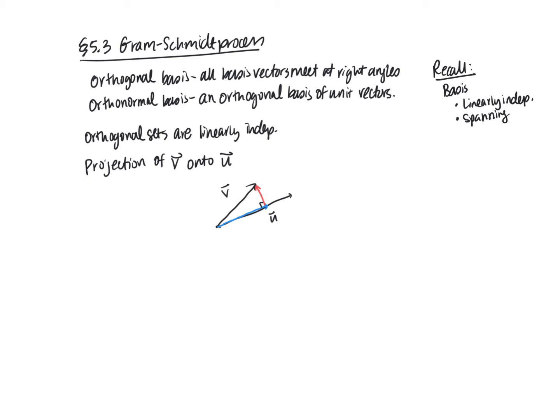We have this part, which is the projection onto u of the vector v, and then we have this part here, which we were calling the perpendicular part. So this we would call the perp onto u of the vector v. It's perpendicular to u. And so v is equal to the sum of that projection vector plus the perpendicular part.